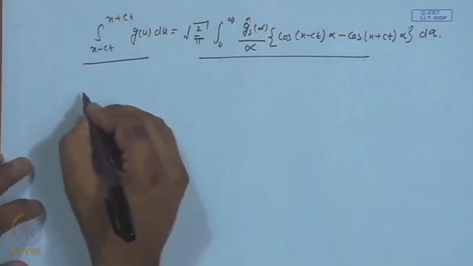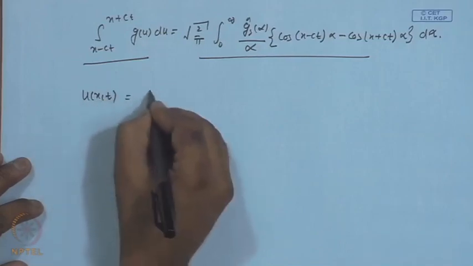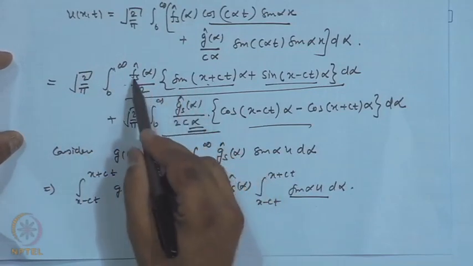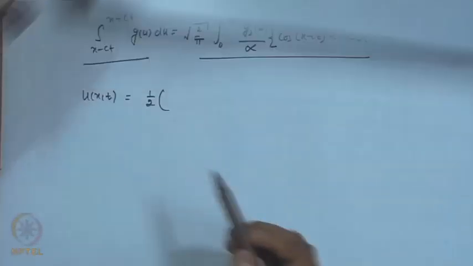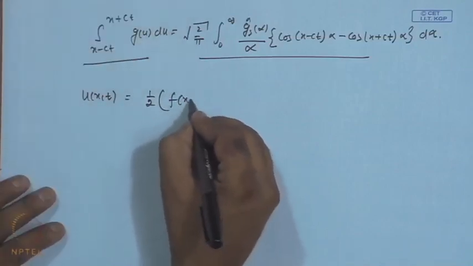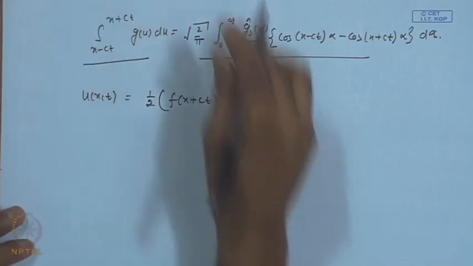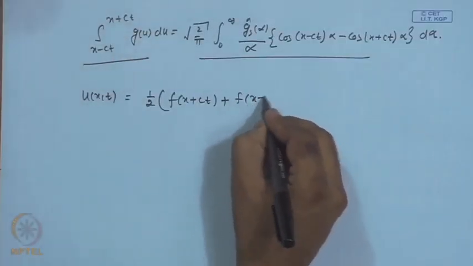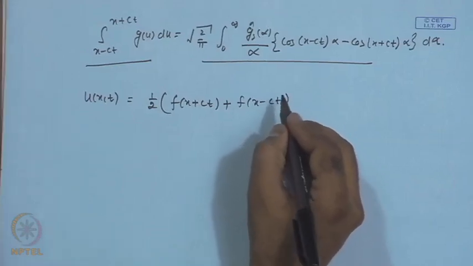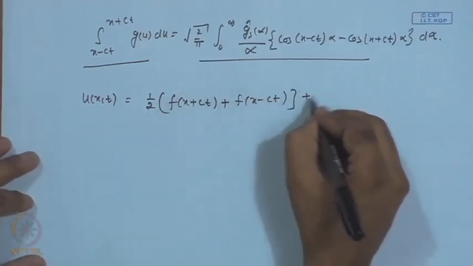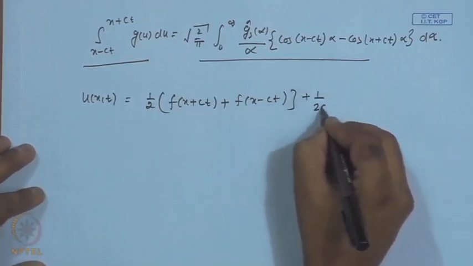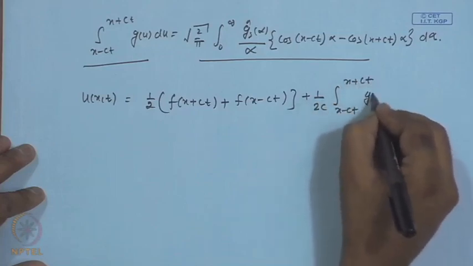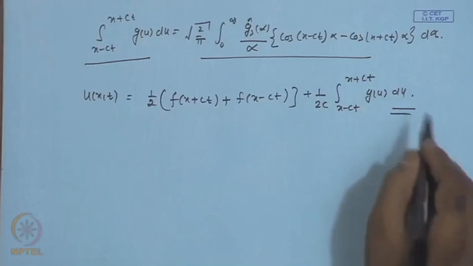So, we get the solution u(x, t) is half here, and square root of 2 over pi, integral from 0 to infinity of f_s hat(alpha) sin, we will get f(x plus c t), and then f(x minus c t), and for the second term what we just arrived at, it will be just the integral from x minus c t to x plus c t of g(u) du. So, this is the solution.